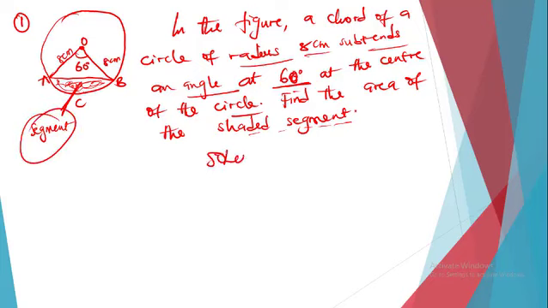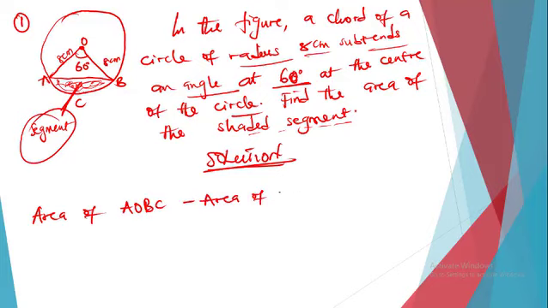Solution. The area of this segment is given to be the area of sector AOBC minus the area of triangle AOB.